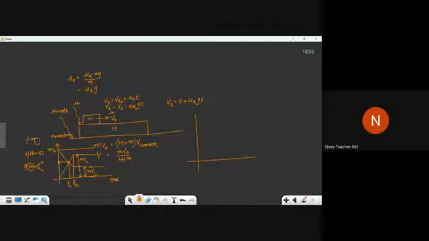So there are three questions which I have marked. I take one of the three, second one first. Given to us, there are two blocks. Let me mark this one M1.